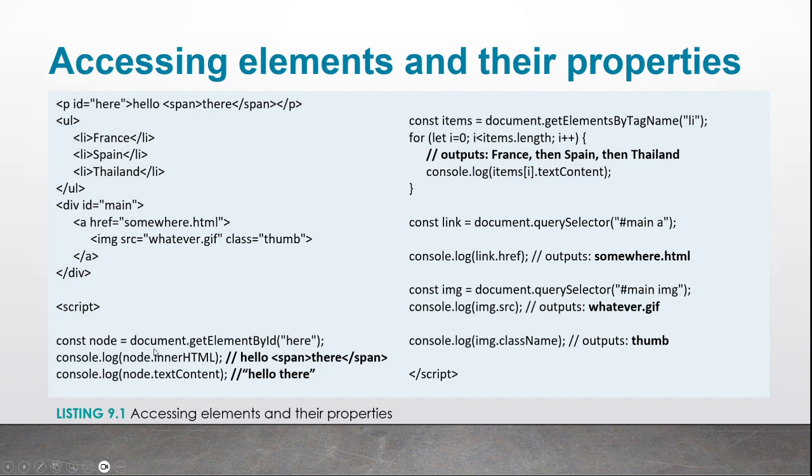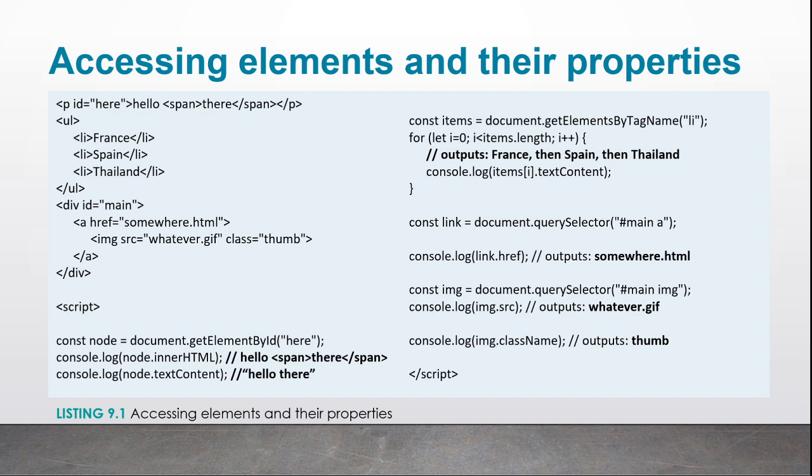And then when you have that, that sets the variable, and we're going to log it in the console. It's going to write out in the console, what is the inner HTML of that node? And then below it, what is the text content of that node? So remember, these are both properties, inner HTML and text content.